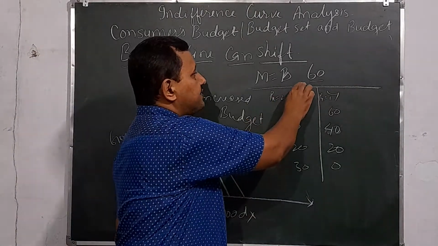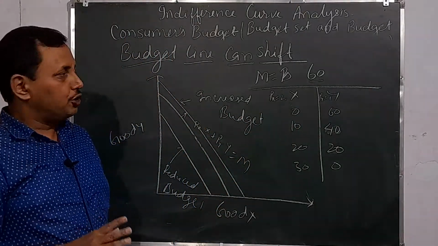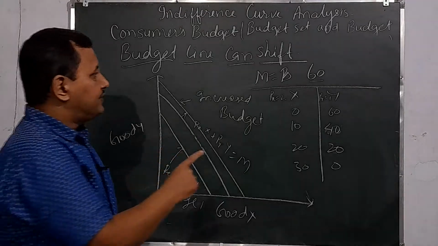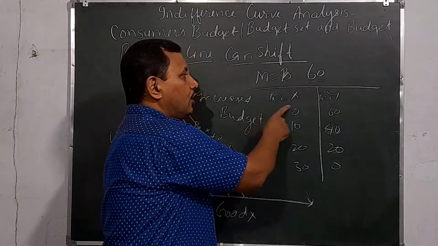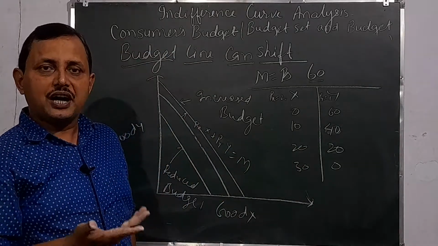Second case, if the budget is remaining constant, and the price of commodity X is changing, or commodity Y is changing, or the prices of both commodities are changed.